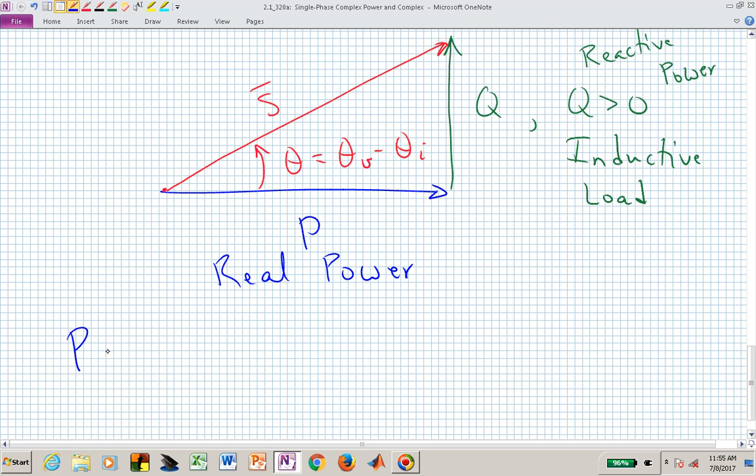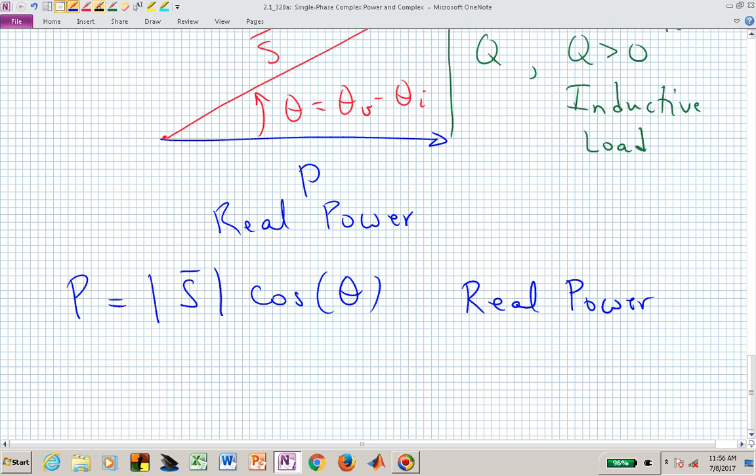Let's write those down. The real power is just the hypotenuse times the cosine of that angle, and the hypotenuse is the length of that complex power, or the magnitude, times the cosine of theta. Again, theta is theta sub v minus theta sub I. That's our real power.